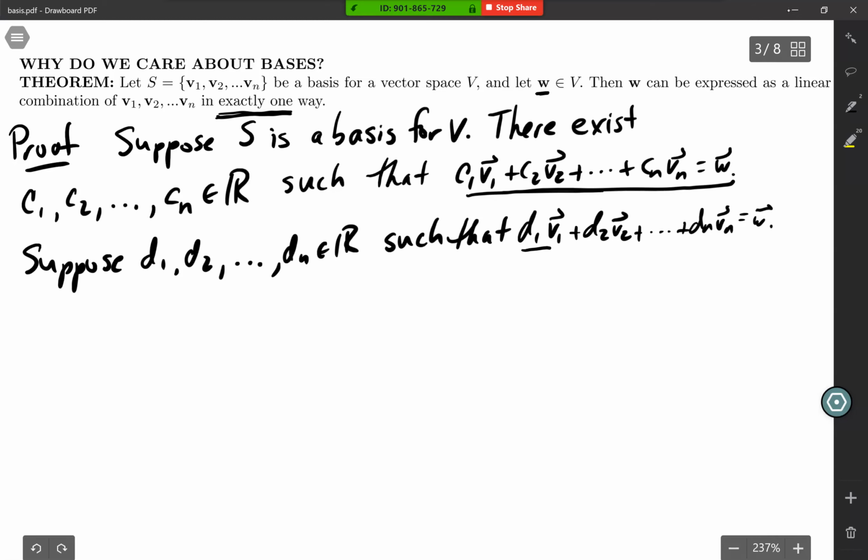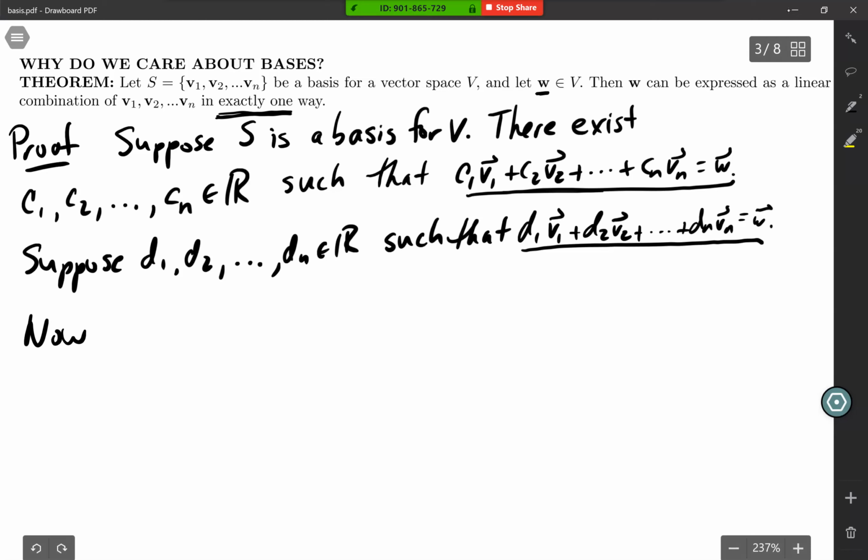How can you combine these two equations to get the zero vector involved, do you think? Subtract them. We can subtract them, right? Notice I've got W on the right-hand side of both equations, so I should be able to subtract them and get the zero vector involved.